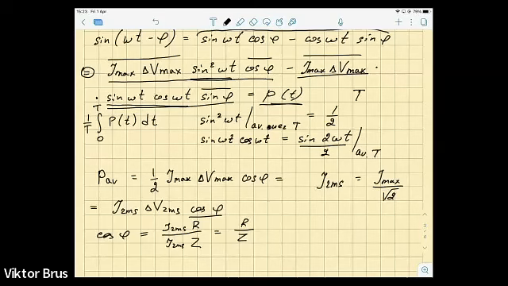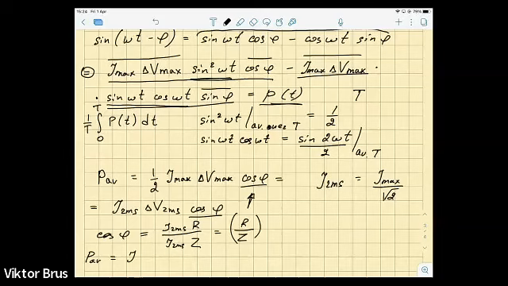So taking this into account, we can substitute cosine phi with its expression R divided by Z. In this case, the average power during one period can be written as follows.